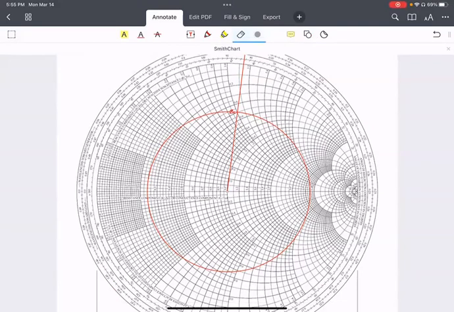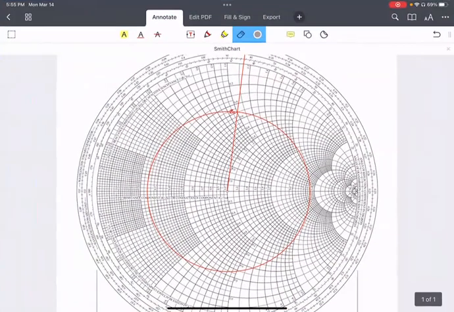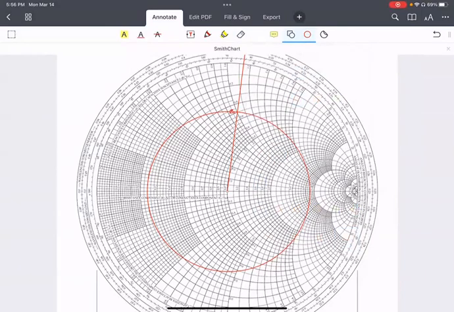Okay, now the question says, find the reflection coefficient, find the voltage standing wave ratio. Let's do the standing wave ratio first. Let me double check that my circle is okay here, because sometimes it's not centered.